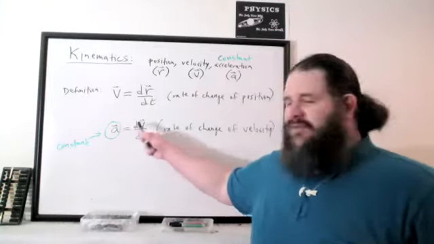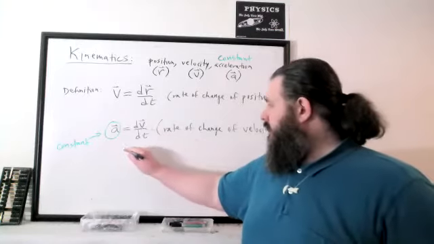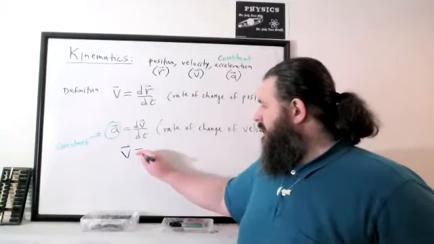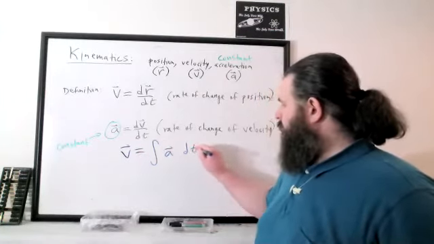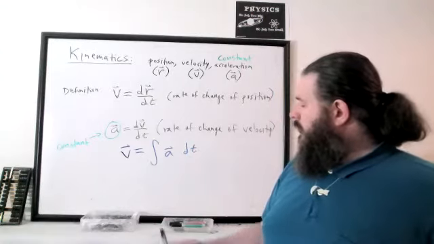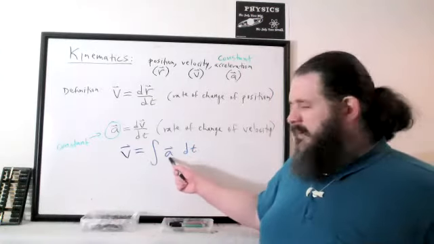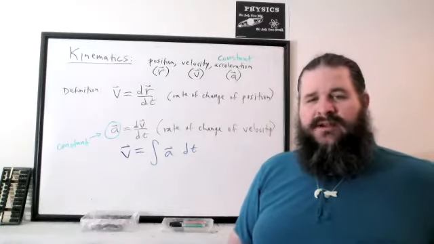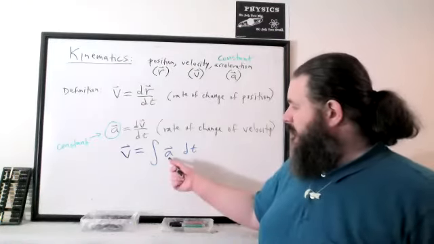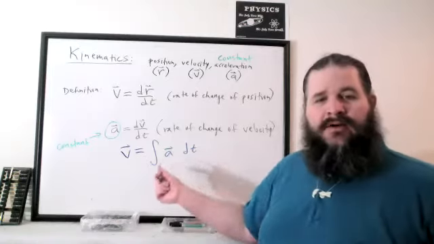If acceleration is defined as the derivative of velocity, then that means velocity is going to be the integral of acceleration. If acceleration was a function of time, we'd have to know what that function is. If the acceleration is changing, we'd have to know what that function of time is, and we'd have to integrate that function.